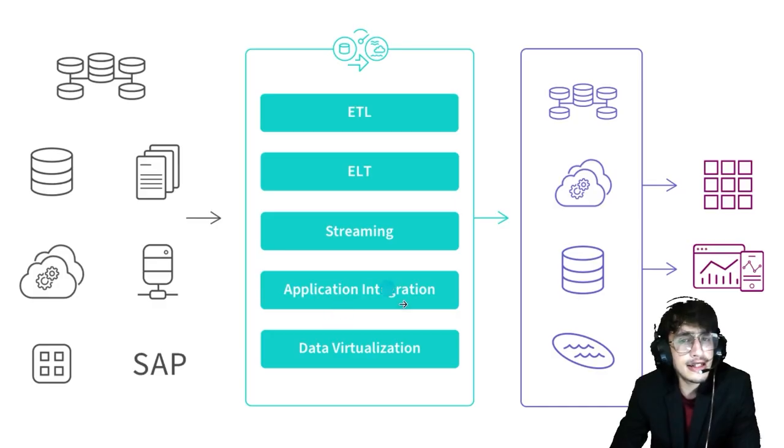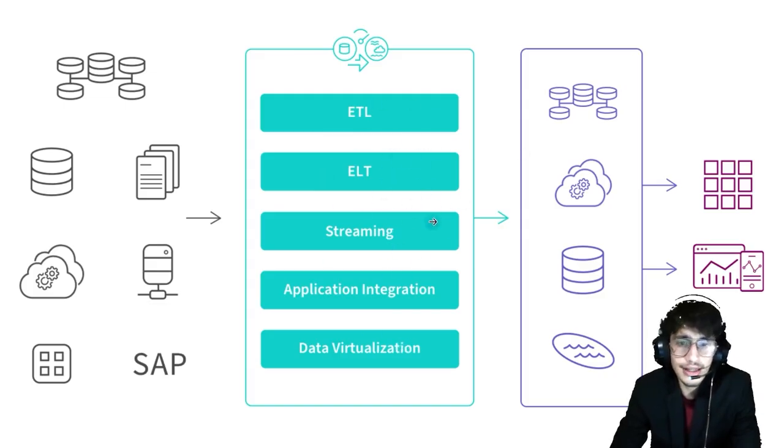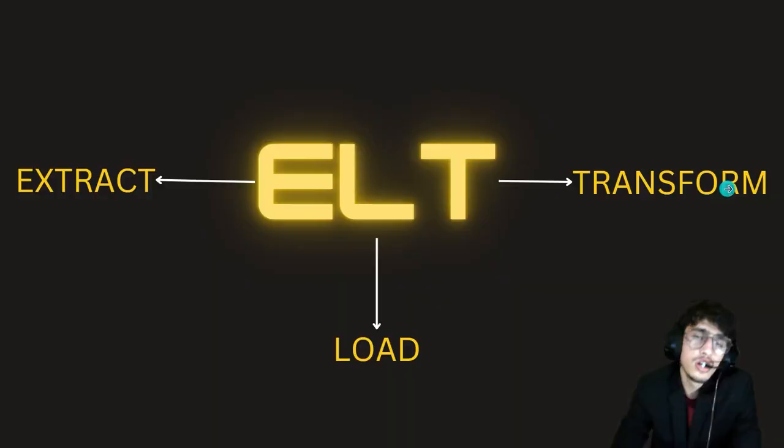Application integration allows us to use many applications at one time. In data virtualization, we have a virtualization platform which allows us to ask for real-time data like data streaming, but here we have to ask, give me the access to this data, and then it will give that data to the user. So these were the five techniques of data integration.